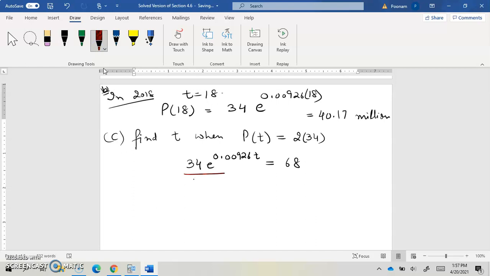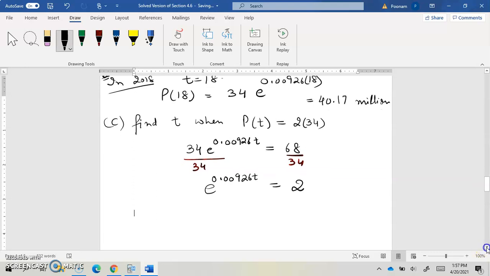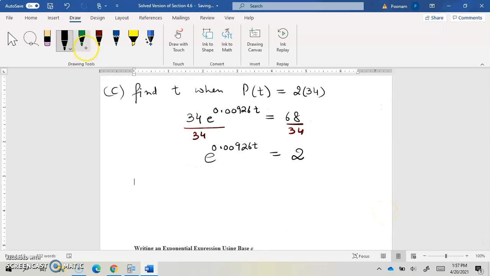So let's divide both sides by 34. So we have e raised to power 0.00926t is equal to 2. We need to get rid of everything except t. So I am going to take natural log on both sides.